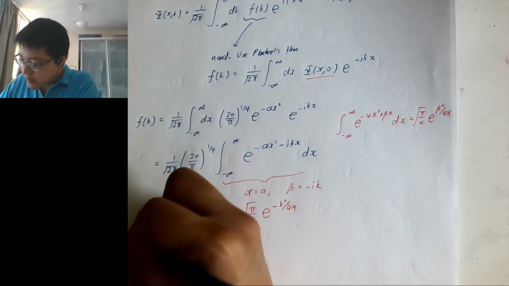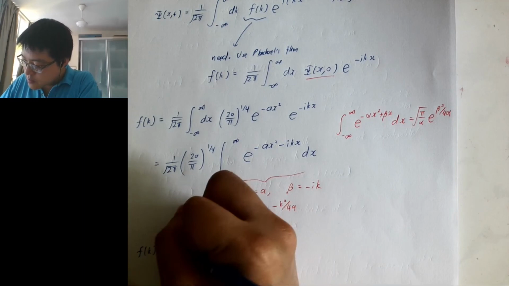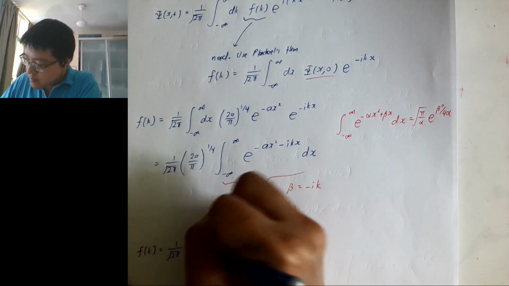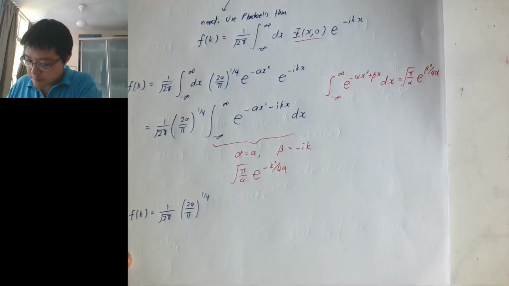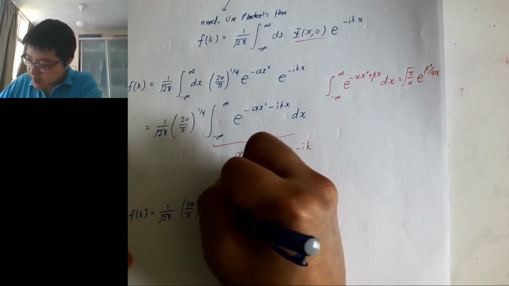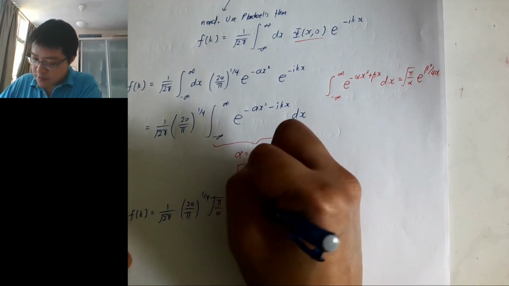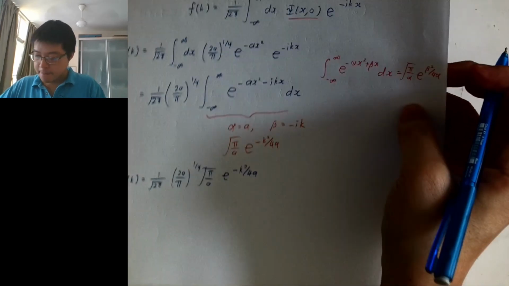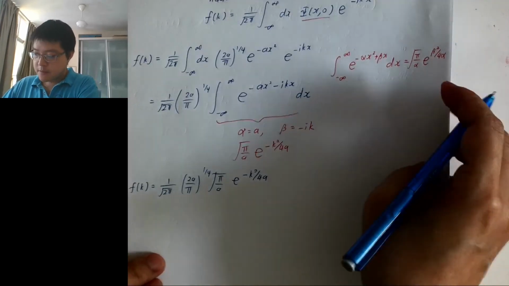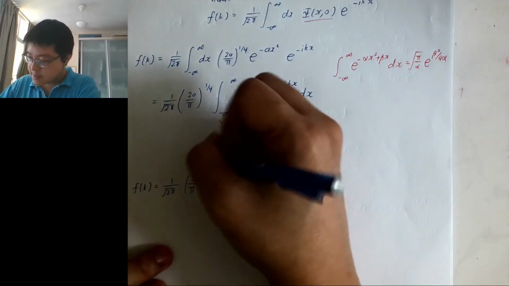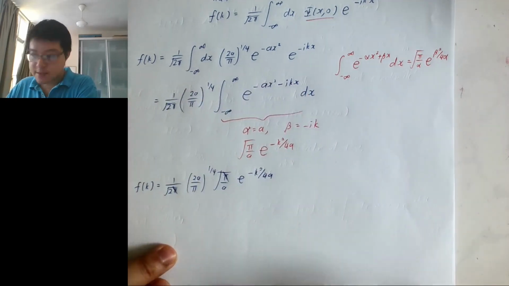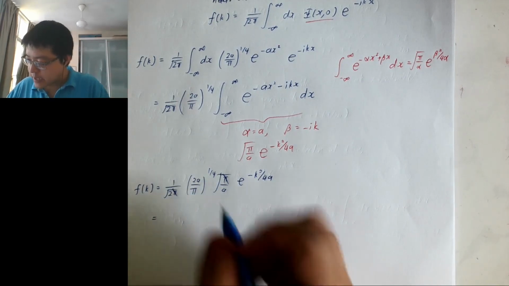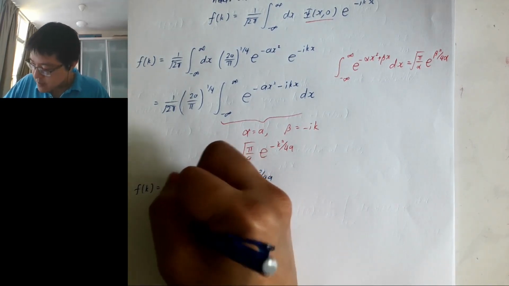Right? So my f of k is equal to 1 over square root of 2 pi, times 2a over pi to the 1/4 power, and then this becomes root pi over a, and then e to the minus k squared over 4a. Okay, so let's see what we have. The square root of pi cancels, right? Now it's a bit messy because this is power 1/4 and this is power 1/2, so just to be careful, let me write everything carefully.